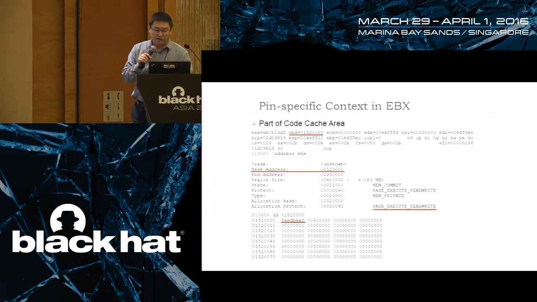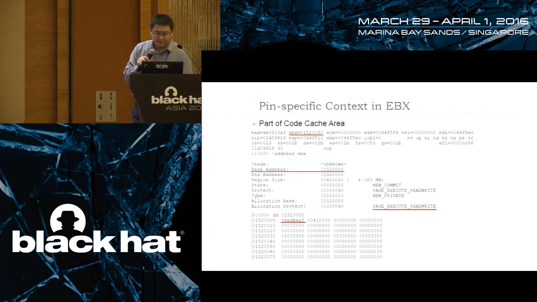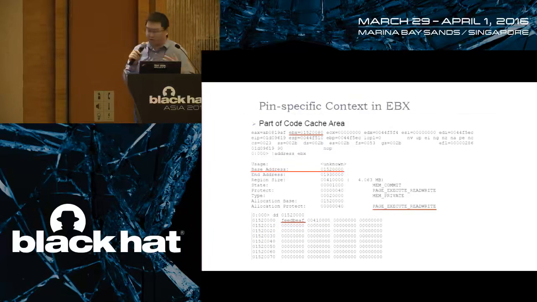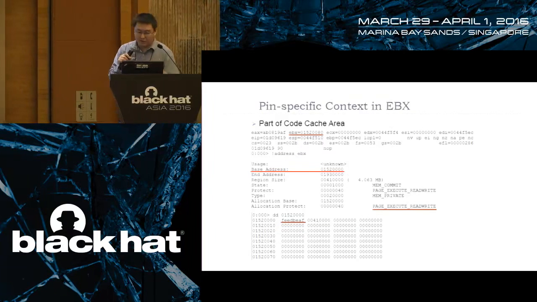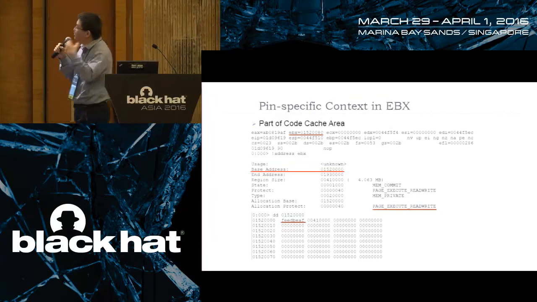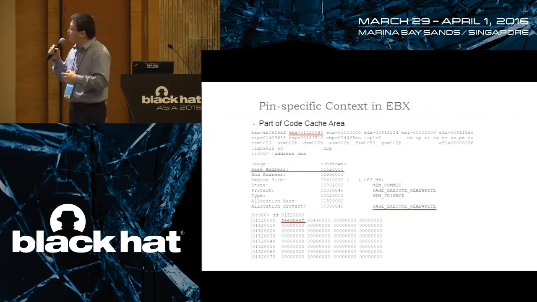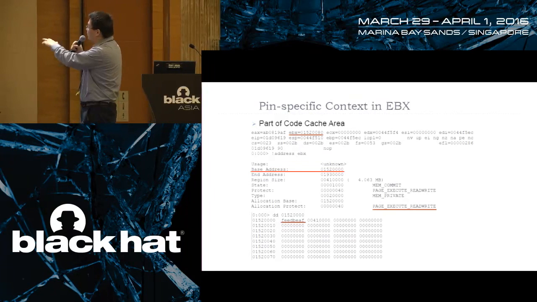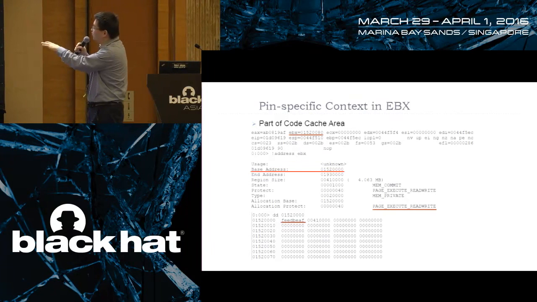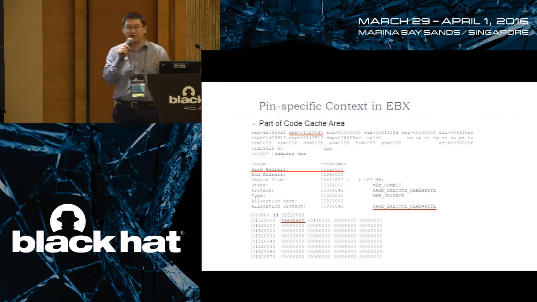Actually here, once the code cache is running, we will see the value in EBX points to some place. If we see the properties here, you can see it's read-write-executable. Then if you look at the beginning of the base address, you see it's a feedback. So that's in the code cache.